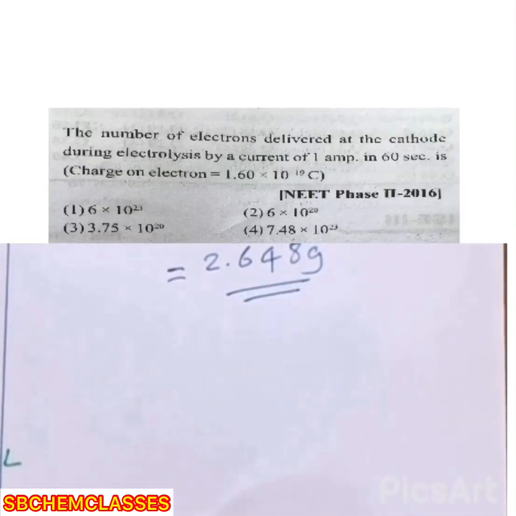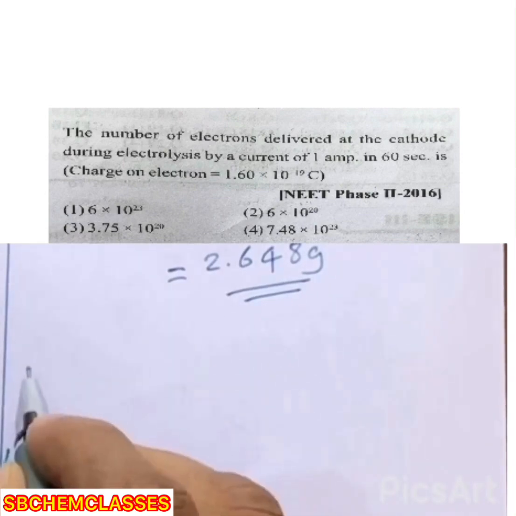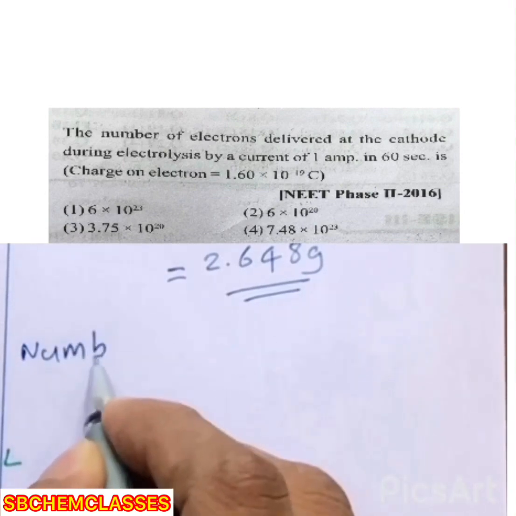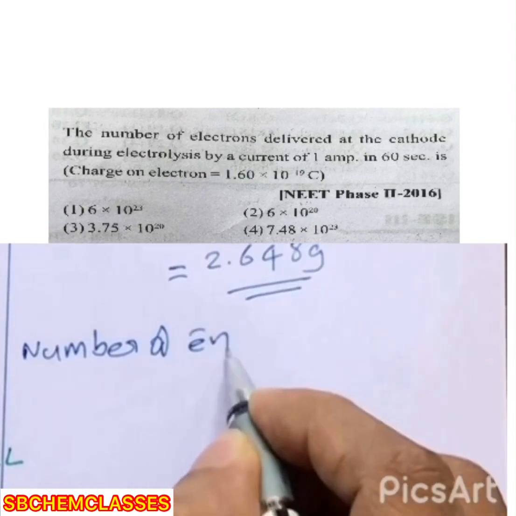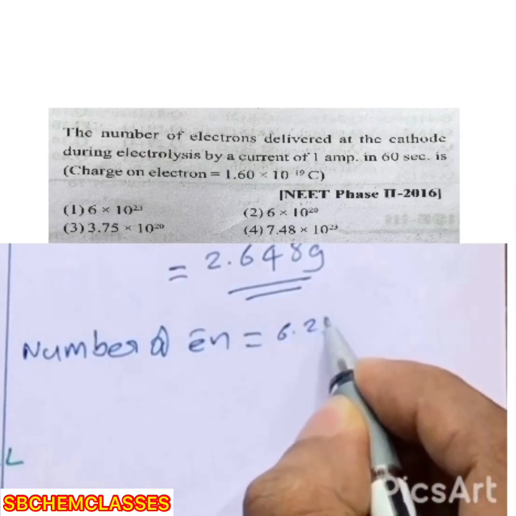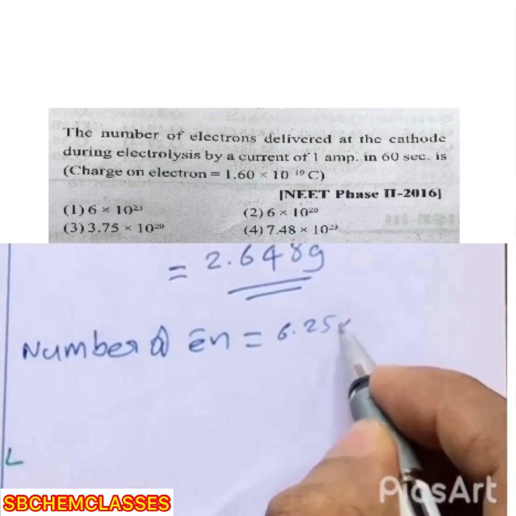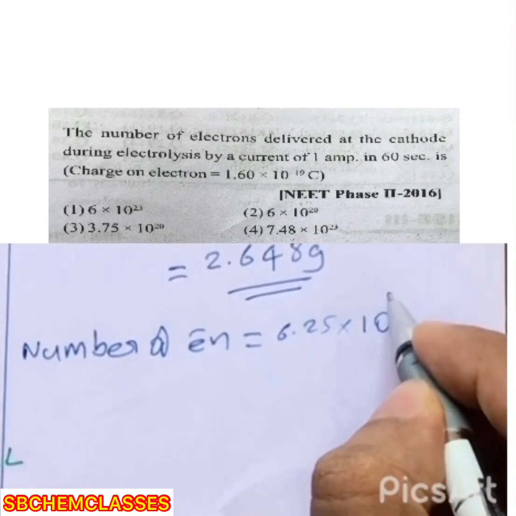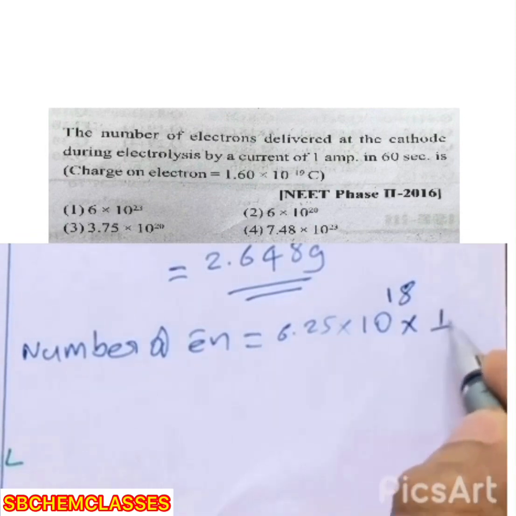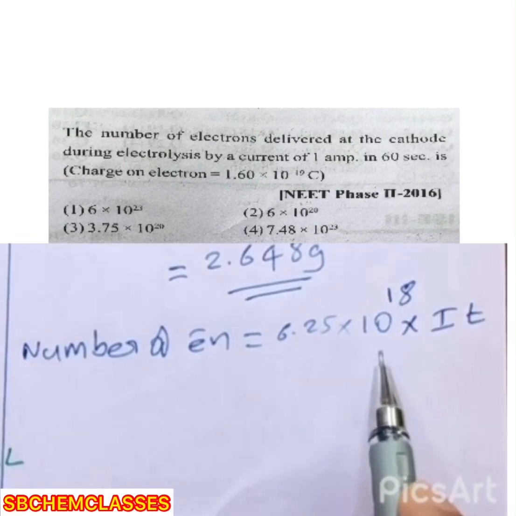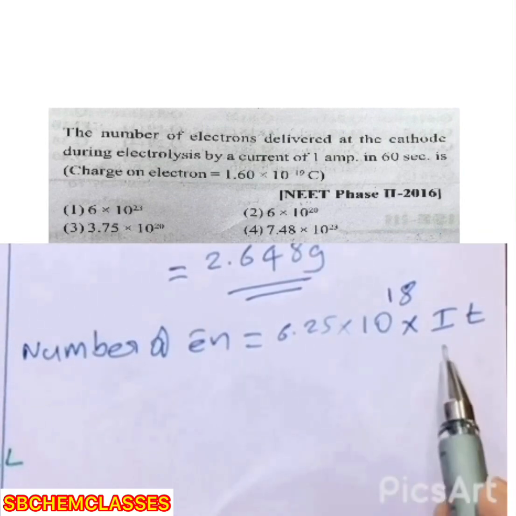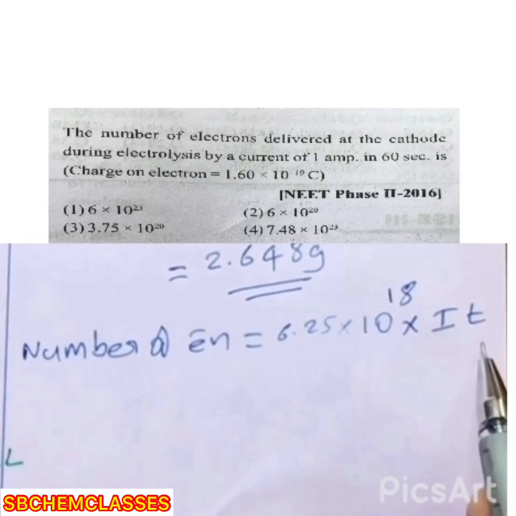The number of electrons delivered at the cathode during electrolysis by a current of 1 ampere in 60 seconds is, then the charge on electron is given. To calculate the number of electrons transferred, we can study one equation: 6.25 into 10 raised to 18 into IT. I is current in ampere, T is time in second.